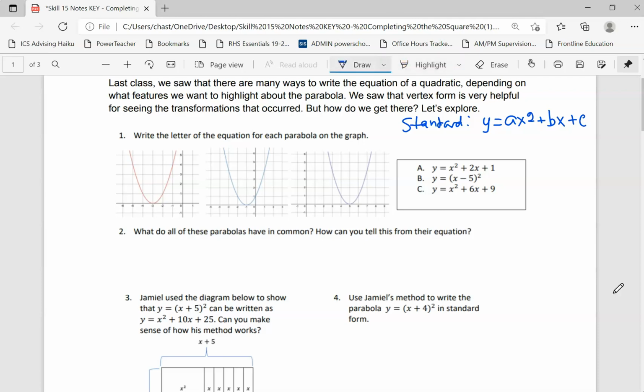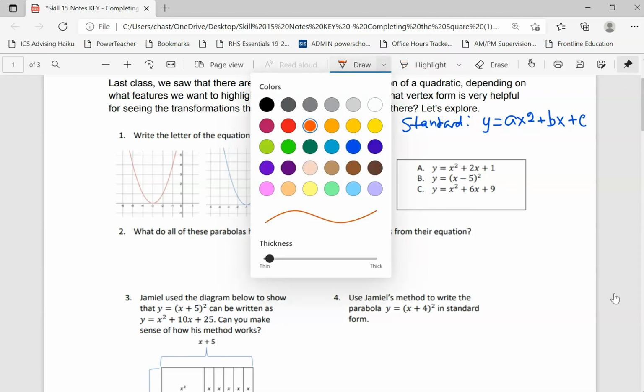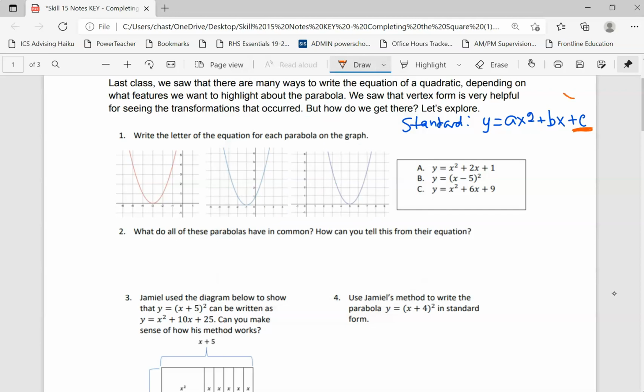Well, I guess I can't highlight it, I'll just circle it. So we can read off the y-intercept. That was one of the nice things here. And when I look at choice A, I see a y-intercept of 1. So when I look at my graphs, oh look, the middle one has a y-intercept of 1. So that means this must be graph A.